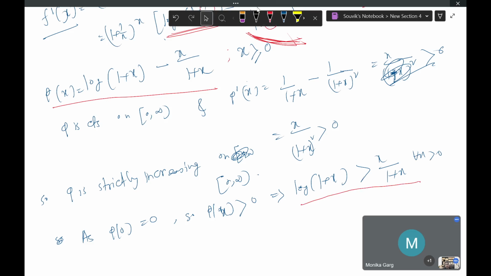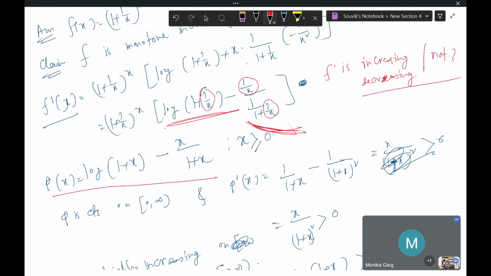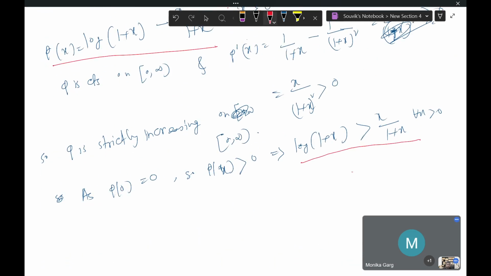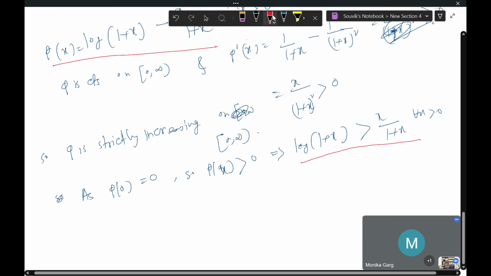So finally, we get that log of 1 plus x minus x by 1 plus x is greater than 0. Now look at the expression of f dash x. The inside portion of f dash is greater than 0, so f dash is monotone increasing. That's what we need.